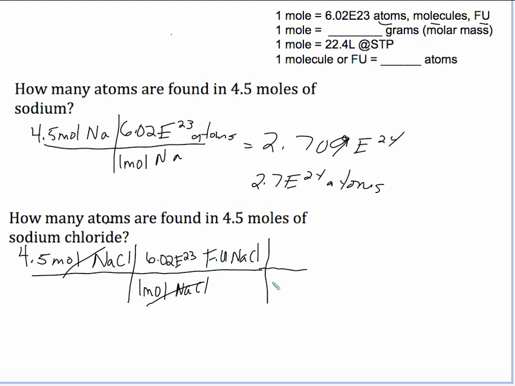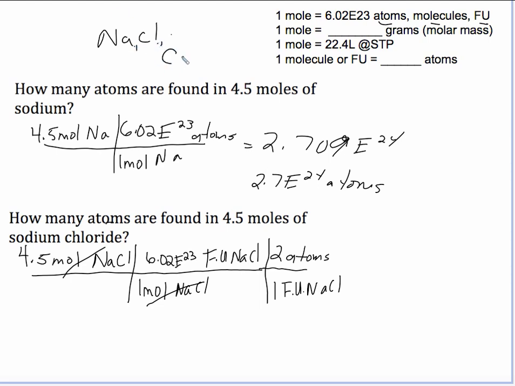We have formula units here, so we write one formula unit of NaCl. In NaCl, we count the numbers down here. We have one sodium for every one chloride, so for every one formula unit there are 2 atoms.